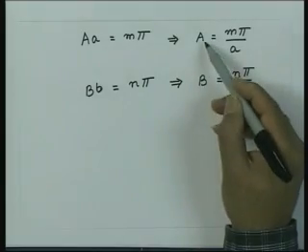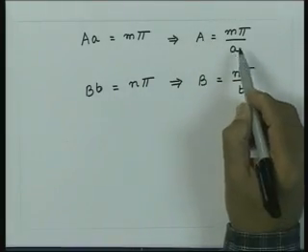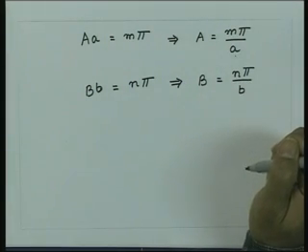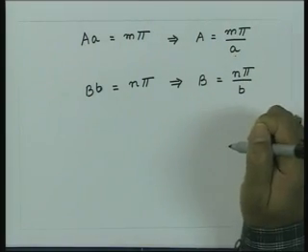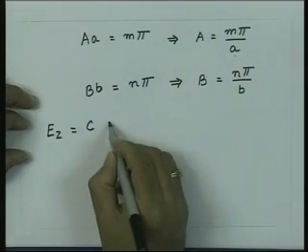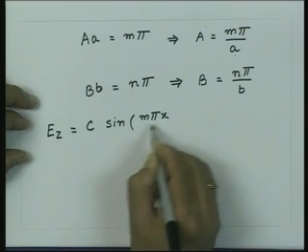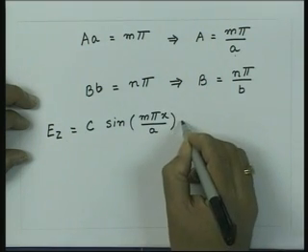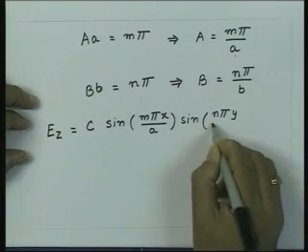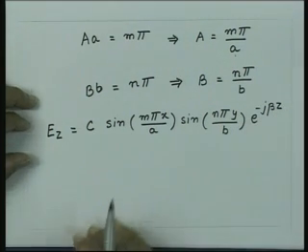Once you get these constants A and B, which are related to the dimensions, the broader dimension of the waveguide and the smaller dimension of the waveguide, and m and n are integers, this longitudinal component field Ez is constant c sin of m pi x by a, sin of n pi y by b, e to the power minus j beta z.